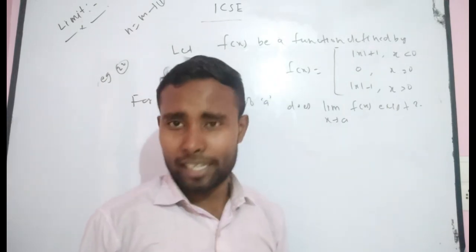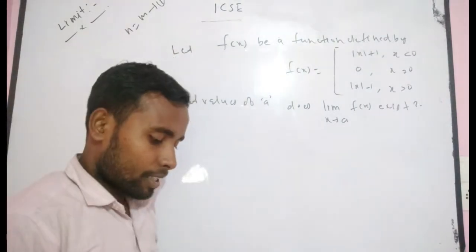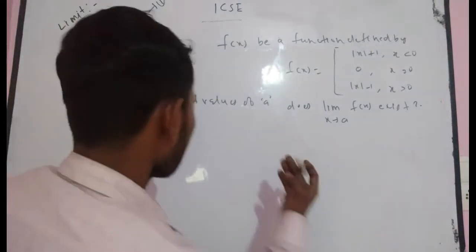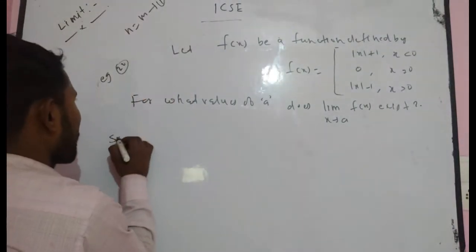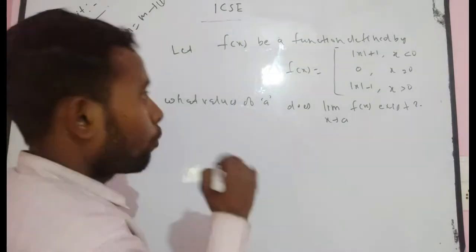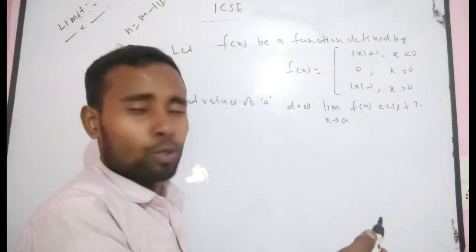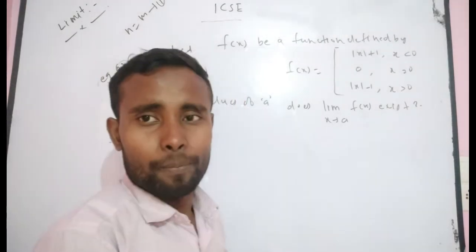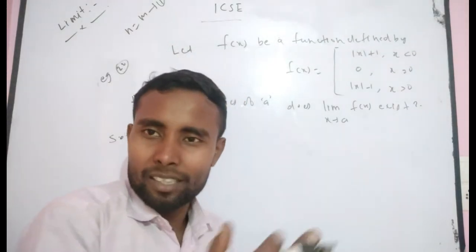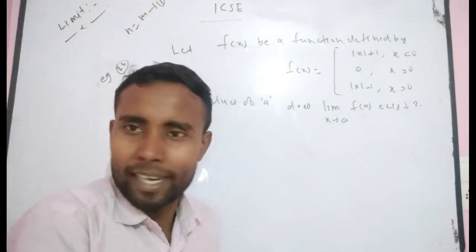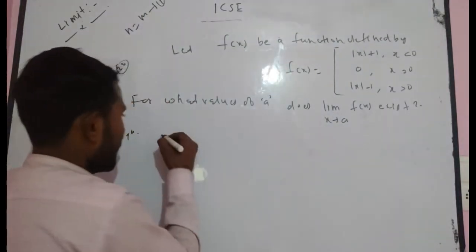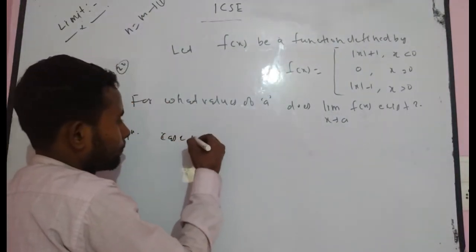But still we have to check in each case, because this is your beginning class for limits. Because there are three cases, as we know 0 is the only doubt point. That means definitely we have to divide into three parts: less than 0, greater than 0, and at 0. I want to write case 1.